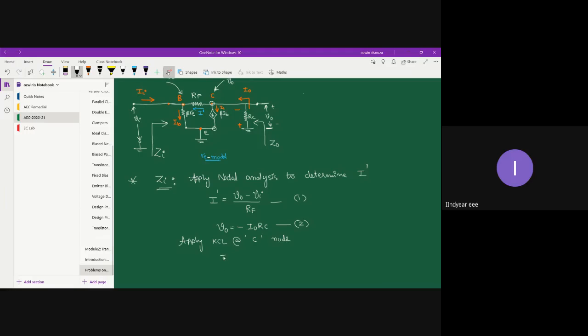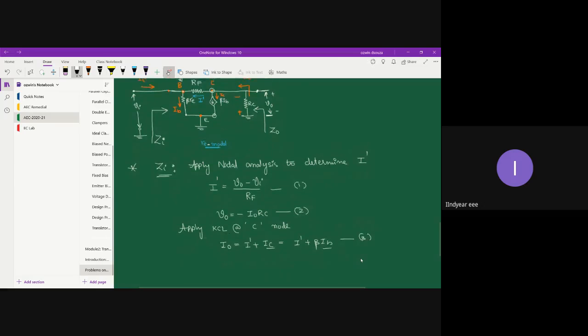So I naught is equal to the outgoing currents, I dash plus IC, which is nothing but I dash plus beta IB, because IC is beta IB. Let's take it as equation 3. I hope you are taking down these equations simultaneously.